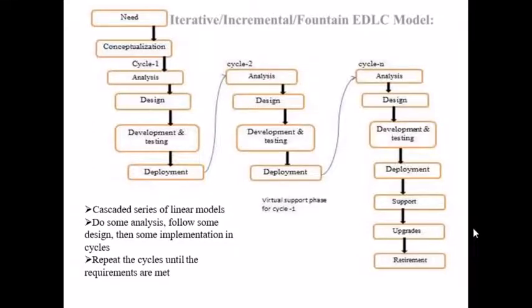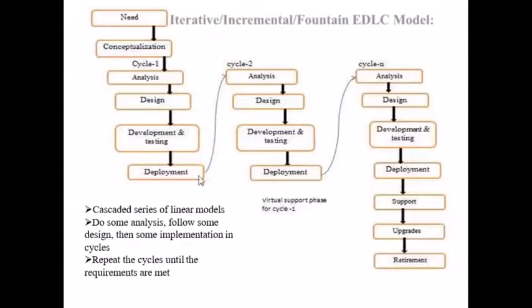There are several advantages as well as disadvantages for this particular model. Advantages: after each cycle, feedback can be taken. If any feature or function is to be implemented, that feedback can be taken after each cycle, and based upon the feedback the next cycle can be done. A user in the beginning will be describing some requirements, and afterwards he may change the needs.